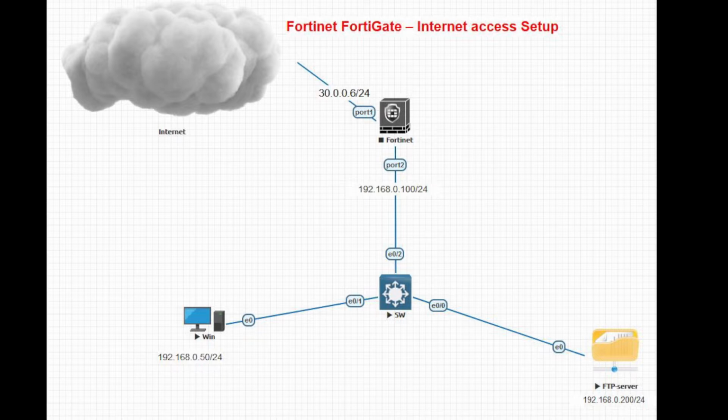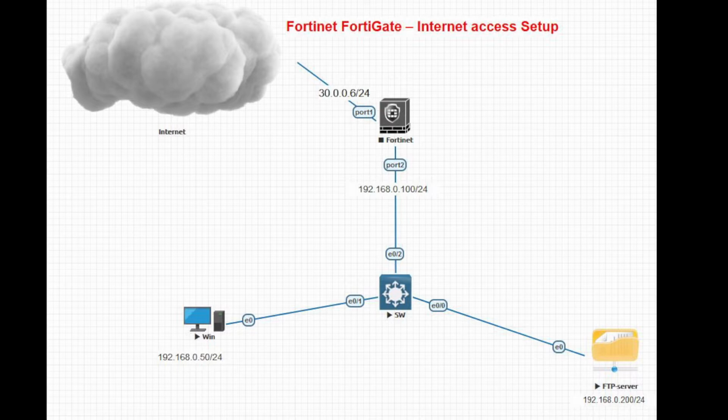So we'll give internet access to this client machine, configure some basic setup, and allow a policy to get access from the WAN. If the client wants to access the internet, like Google, MSN, Yahoo, we need to pass that through the firewall. This is a FortiGate firewall, so we'll configure that.